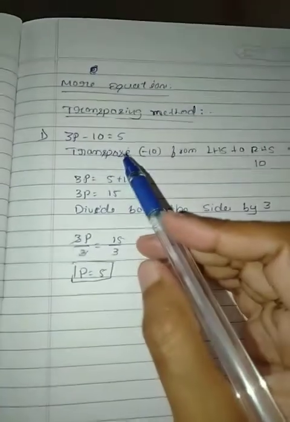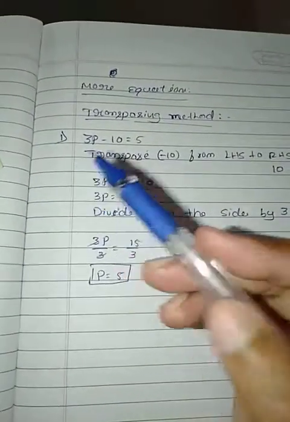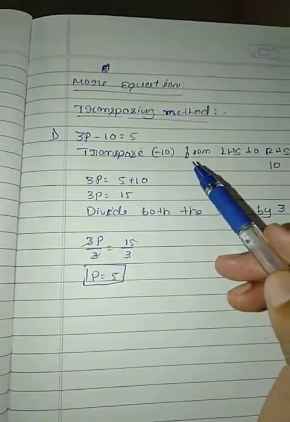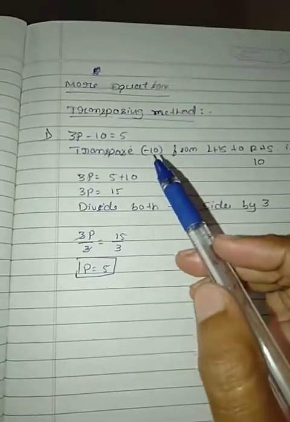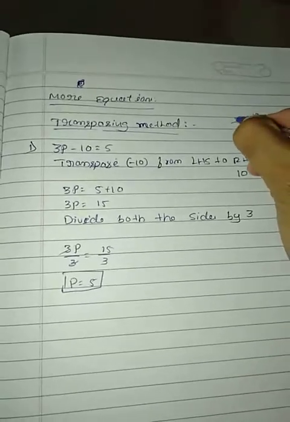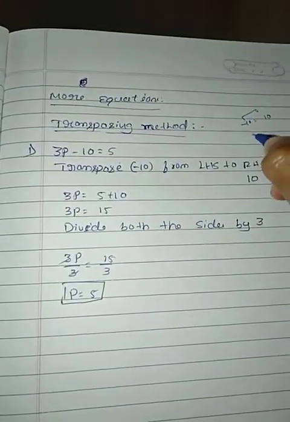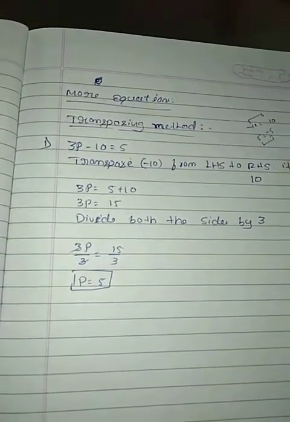Transposing method means transferring the number from one side to another side. When you transfer any number from one side to another, its sign changes. If this is minus 10, it will become plus 10 when you transfer it to this side. If this is plus 5, when you transfer it to this side, it will become minus 5.